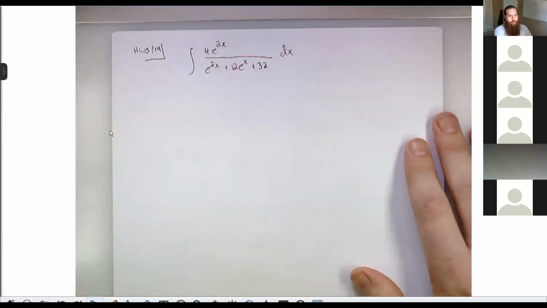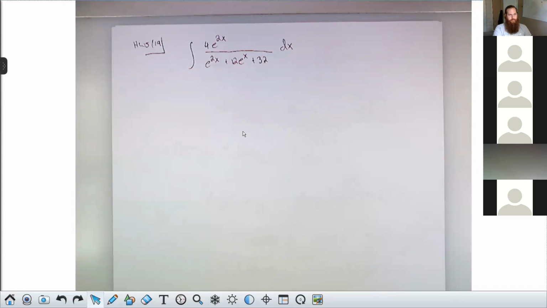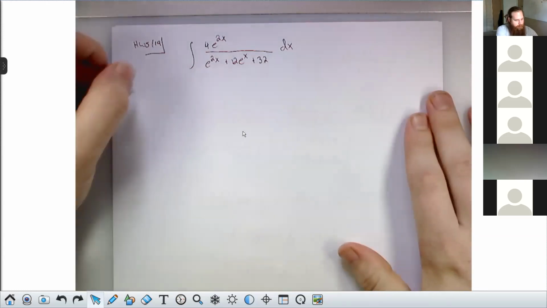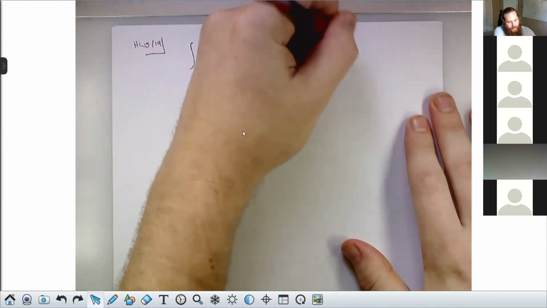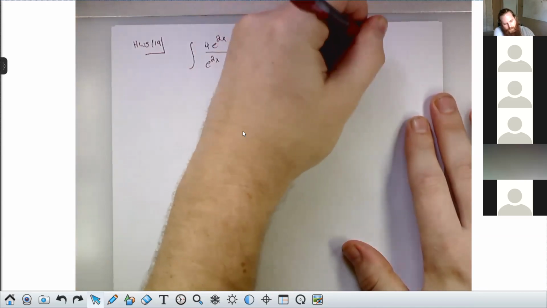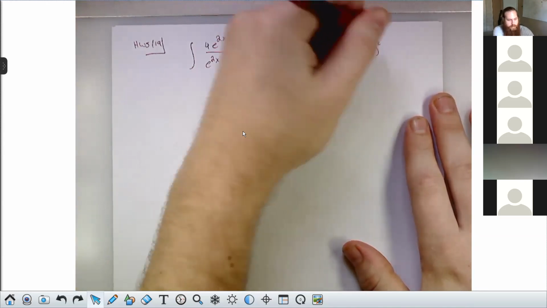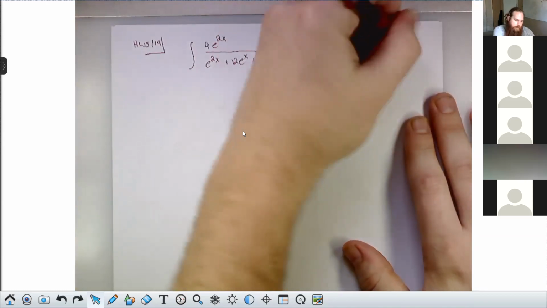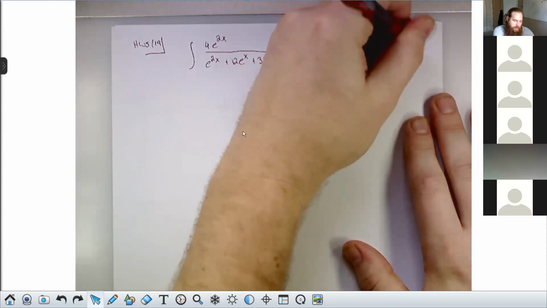Okay. Remember that a to the b times c is the same as a to the b all to the c, which is the same as a to the c all to the b.